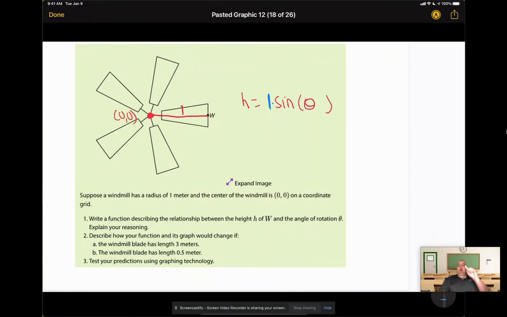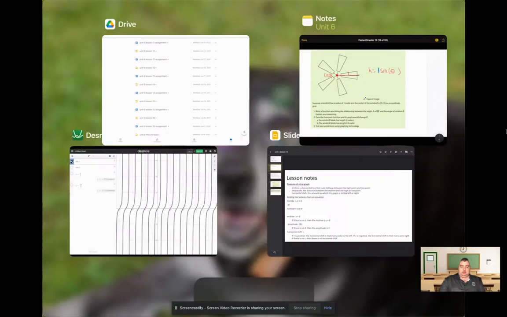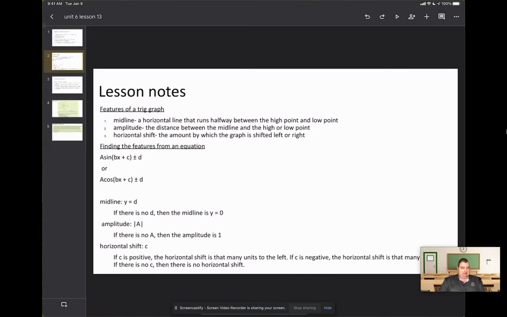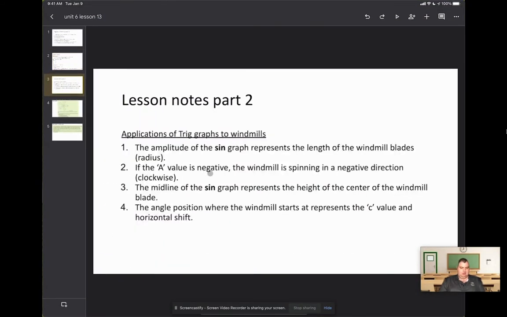The center of the windmill is at 0, 0. So in a coordinate plane, that would be the center point. So the height is going to be 0. The center of the windmill in this case has a height of 0.